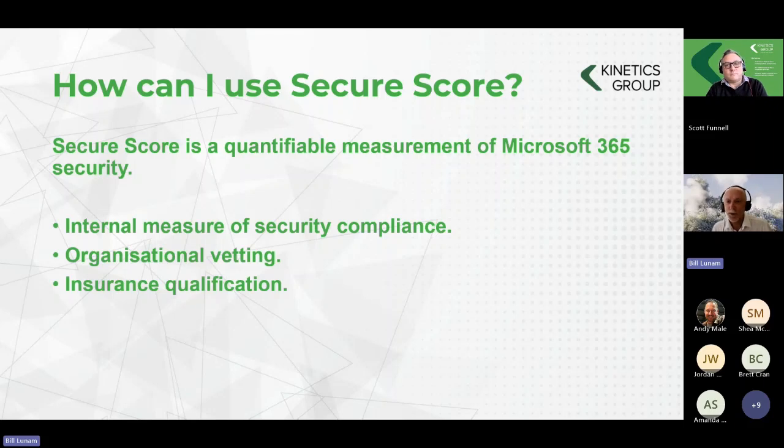The two external ones: we're finding that organizations that are vetting their supply chain, their providers, people perhaps that they are sharing information with, are beginning to ask questions to get an idea of the security stance of that organization. Please share your secure score with me. Show me that you are active in implementing security policies.